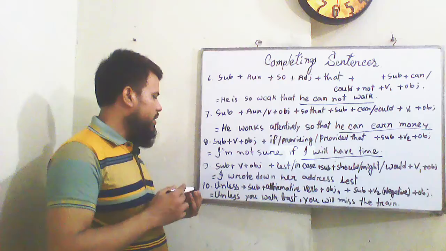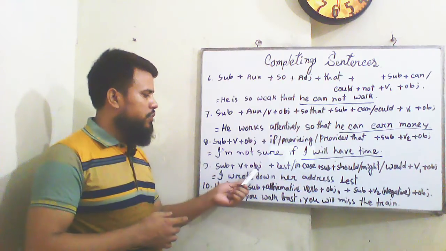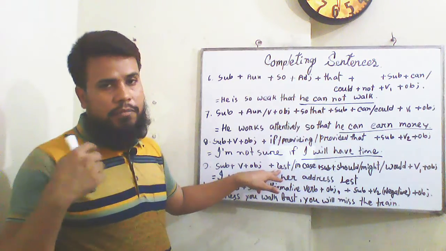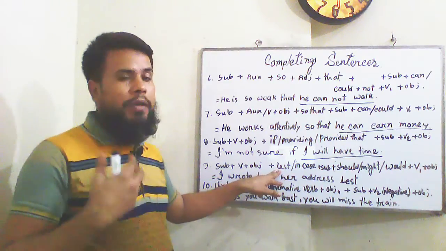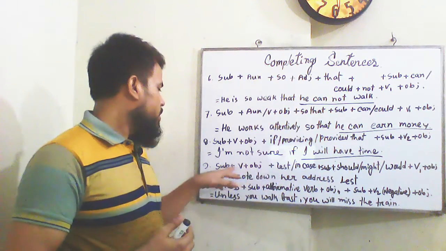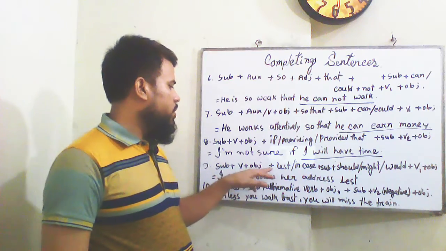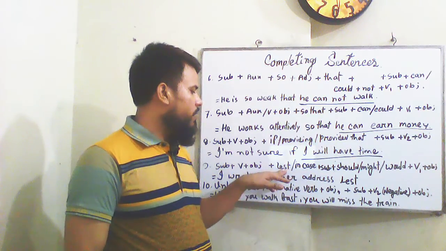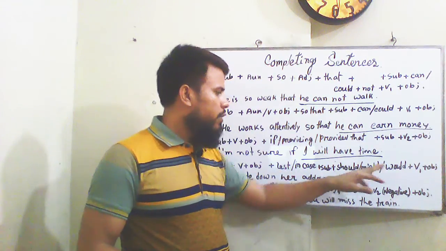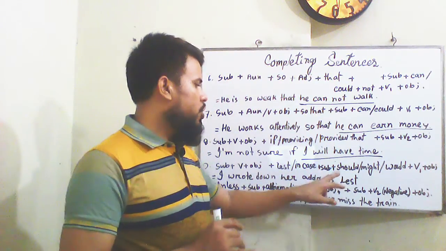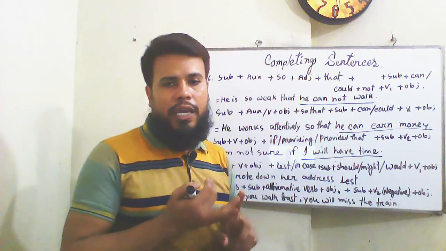My next rule is subject and then verb and then object, then "lest." "Lest" means you have to do something for your better future. Subject, verb and object, "lest," or "in case." You may find here "lest" or "in case," and then subject. You may use here 5 modals: should, might, would, could, can.